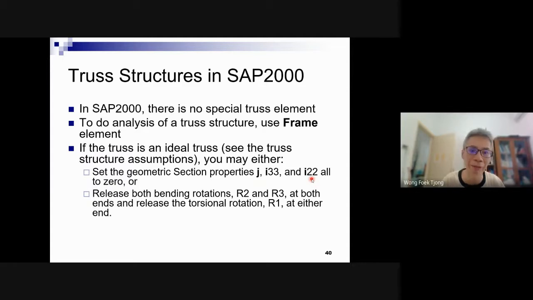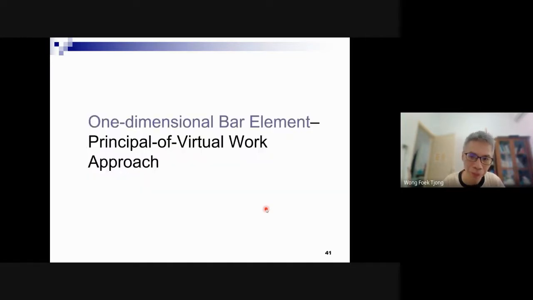Or alternatively, release the bending rotations at the ends and the torsional rotation R1 at one end only. Don't release two, it makes the structure unstable. Okay, this is if you use SAP 2000. I think almost every commercial software has truss or frame elements in general.